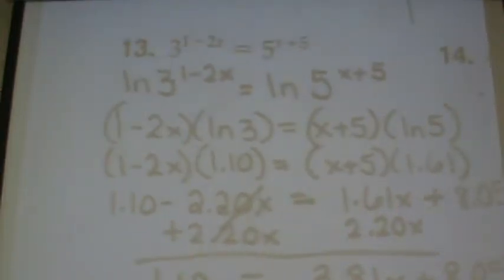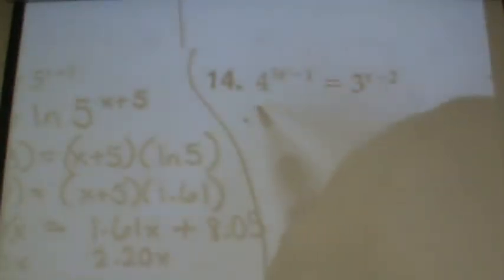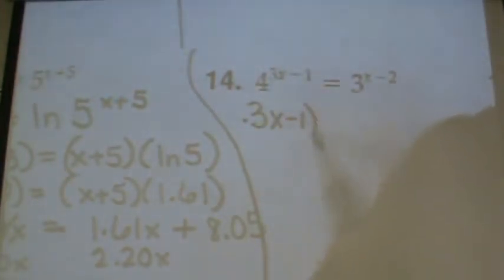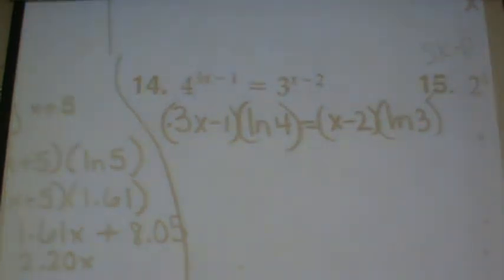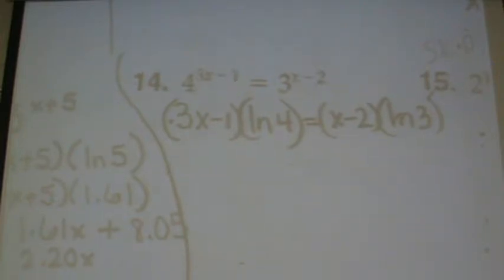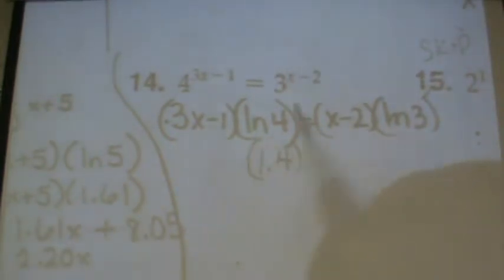Number 14. You're going to take the ln of both sides, so it's really 3x minus 1 times ln 4, and x minus 2 times ln 3. ln of 4 is, I'm going to say, 1.4. 1.4 times 3x is 4.2.